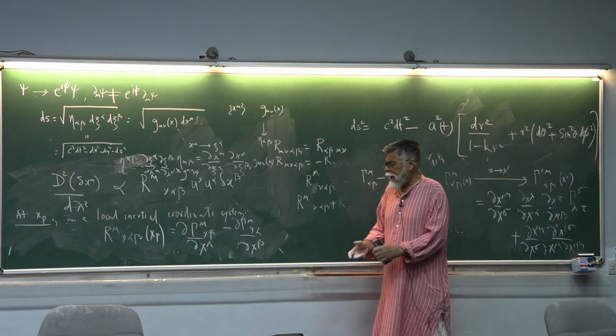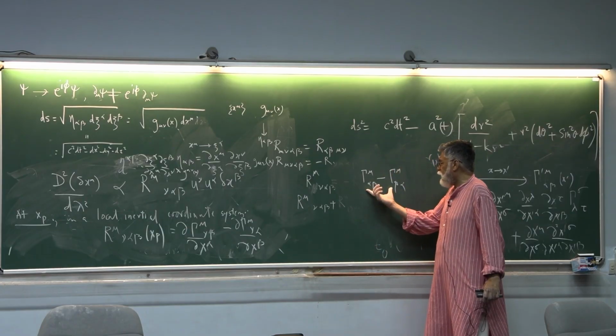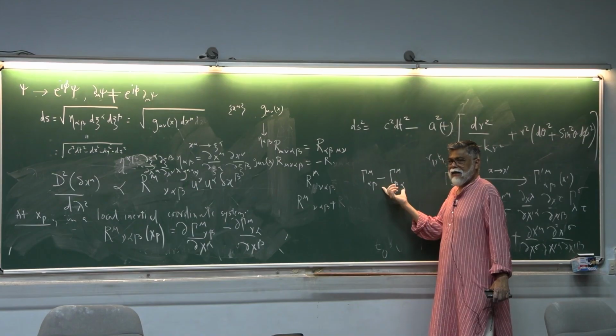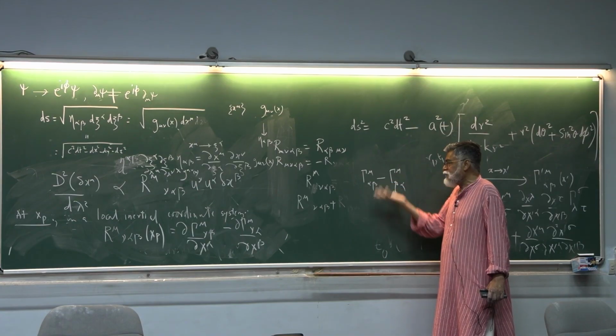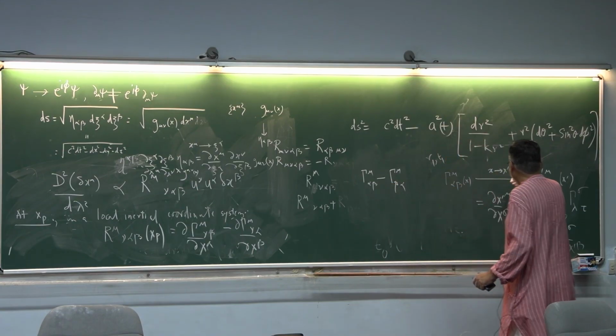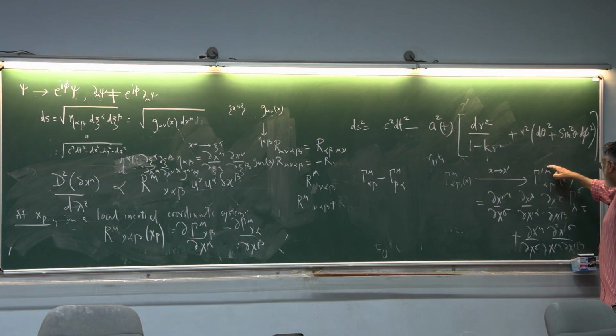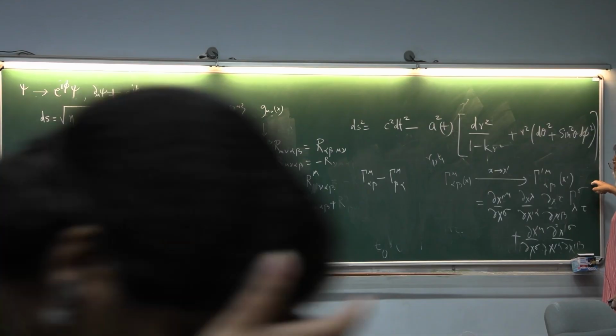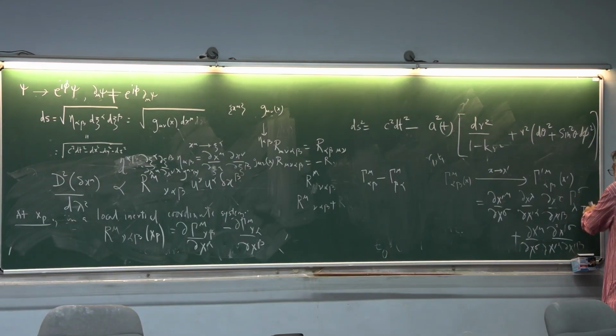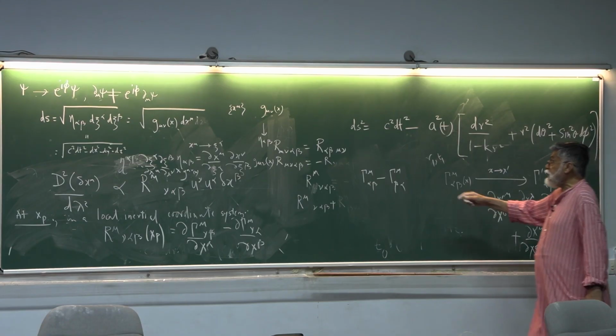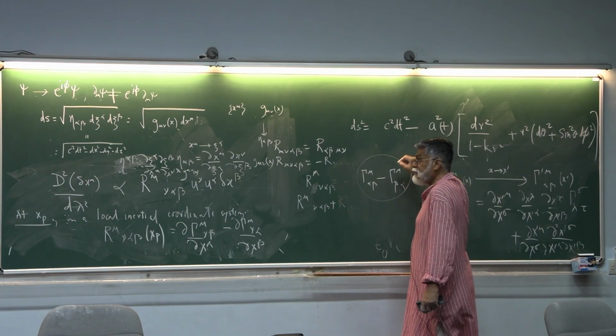Now I will say, okay, let me construct this object gamma mu alpha beta minus gamma mu beta alpha and ask what is its transformation. When I do the transformation, I will find gamma prime mu alpha beta minus gamma prime mu beta alpha. There will be this minus that, but this term will cancel because partial derivatives commute. So this object is a tensor. And what is that tensor?